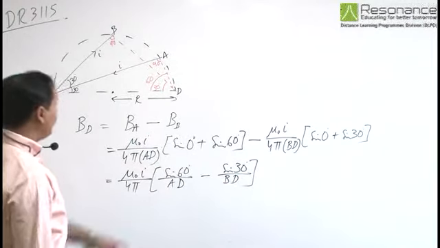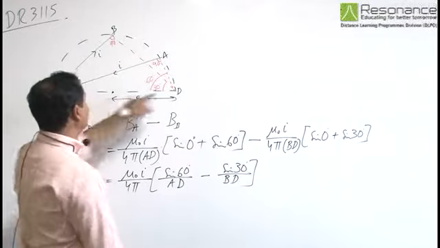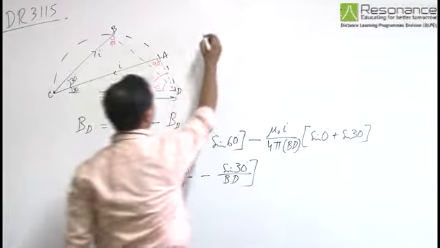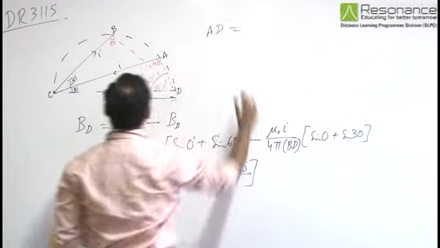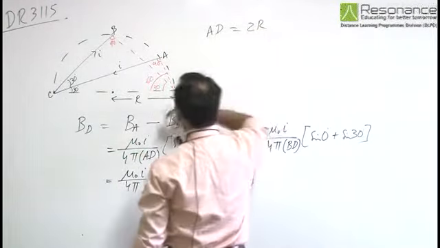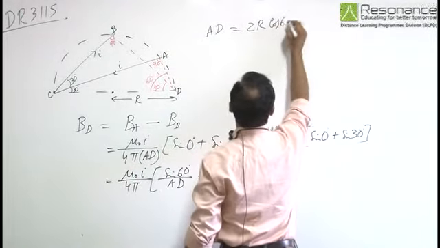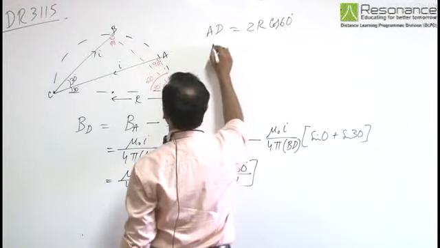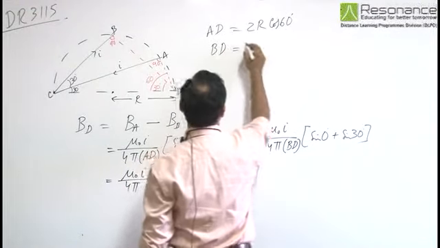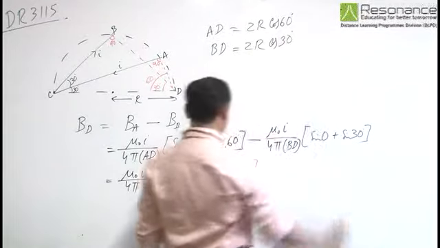Now to find the value of AD and BD from the triangle ACD, we can write AD to be equal to 2R cos 60 and BD to be equal to 2R cos 30.